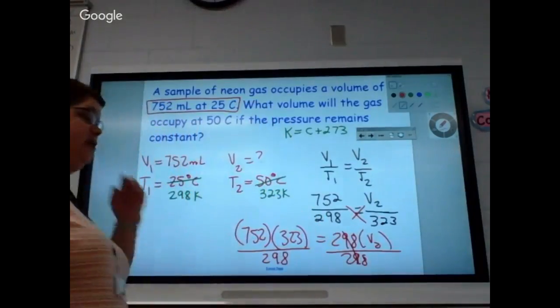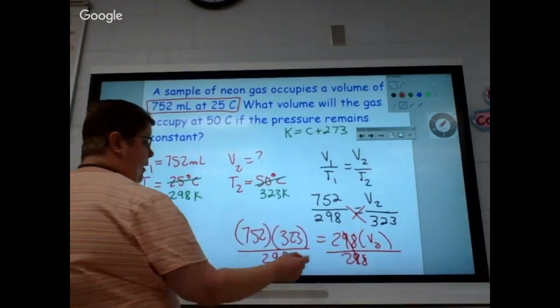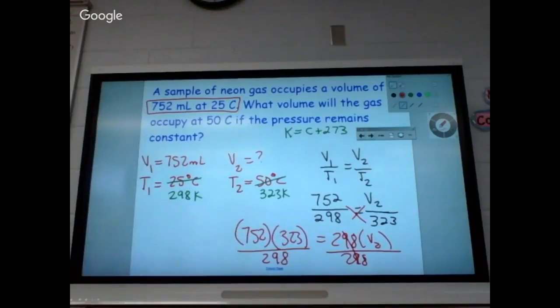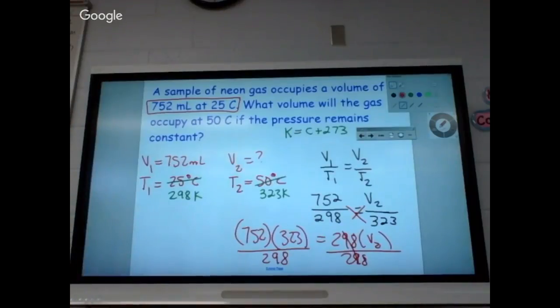Now, when I look at your paper, if you've done this, do I have any question about what you're multiplying and dividing to get your final answer? No. If you have a bunch of strange numbers written on your quiz paper, do I know how you're getting your answer? Am I picking up my calculator to figure it out? No. Okay? Depending on how much work you have written down, if your answer is wrong, you lose points.